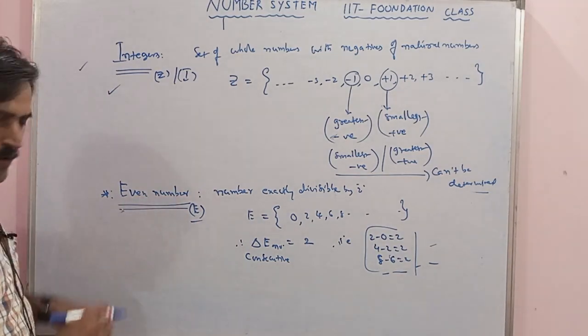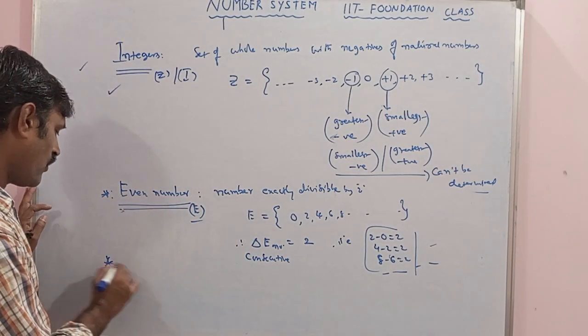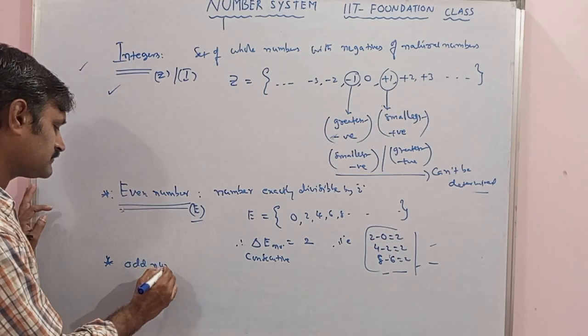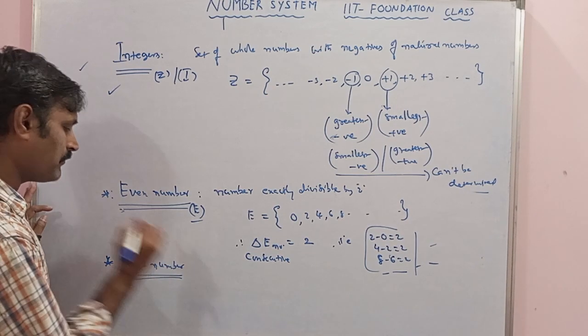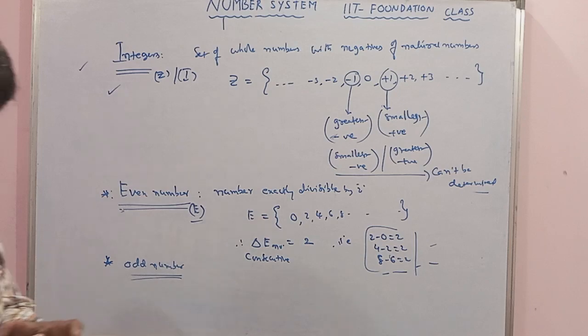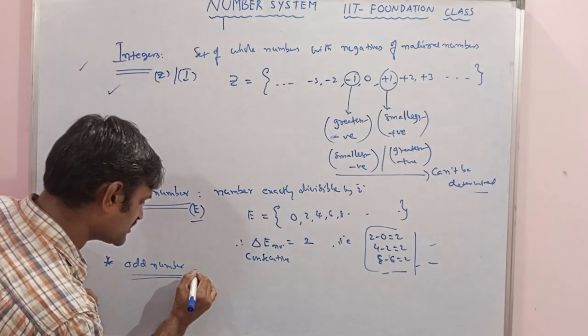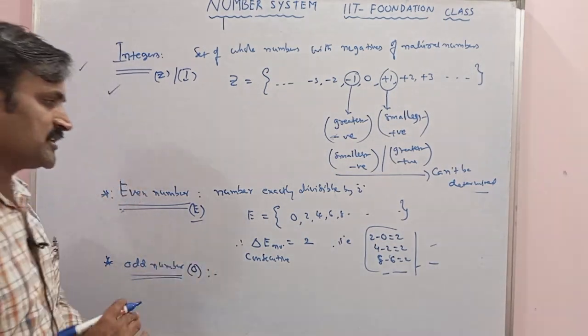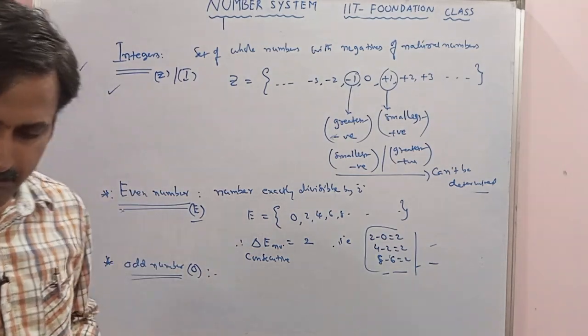Next and last point under this session: what is an odd number? What do you mean by an odd number? O is a symbol we sometimes use for odd numbers. What is an odd number?